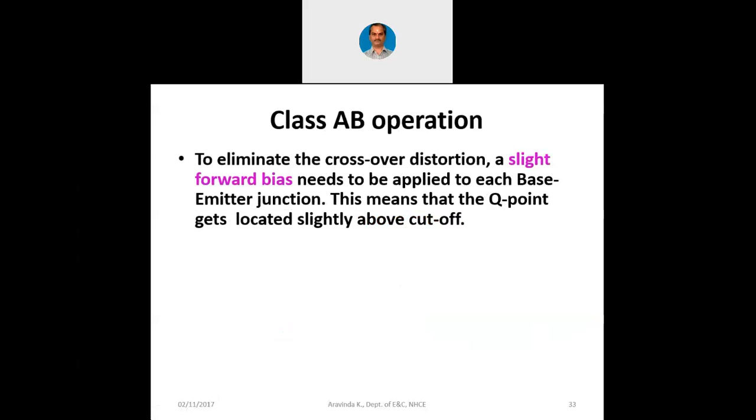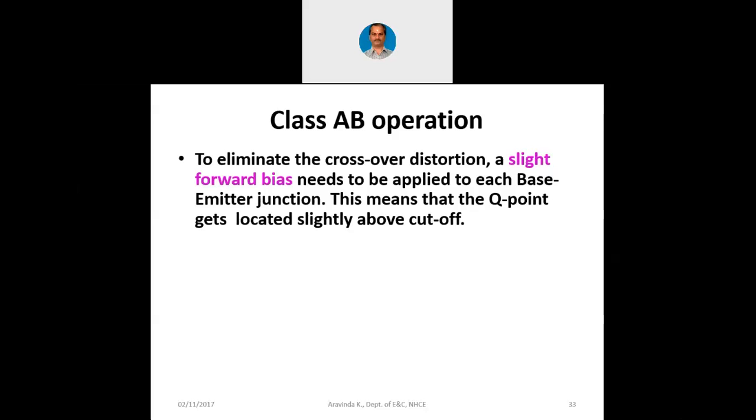Now, when we apply a forward bias, then there will not be a 180-degree cycle for each transistor. Unlike the previous operation called class B, when we apply a forward bias, each transistor will be slightly conducting, and then the conduction angle of the amplifier will be above 180 but below 360.